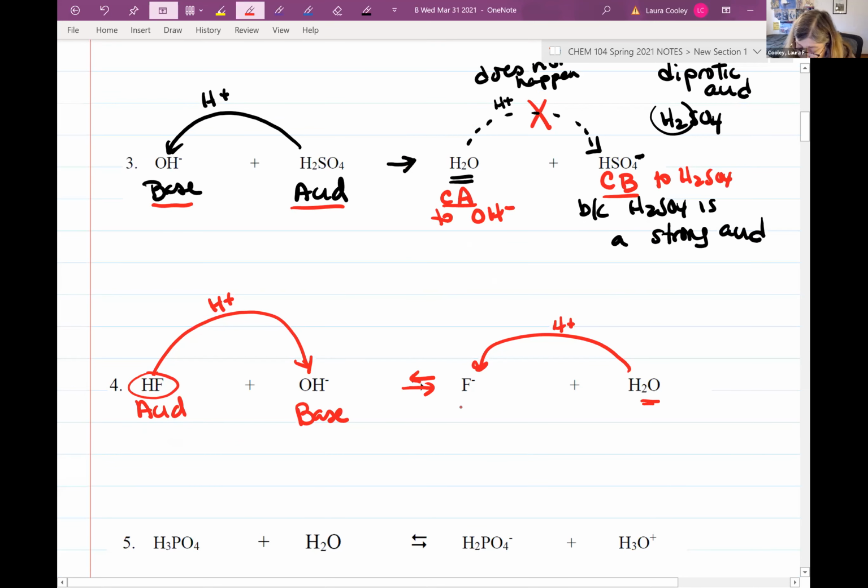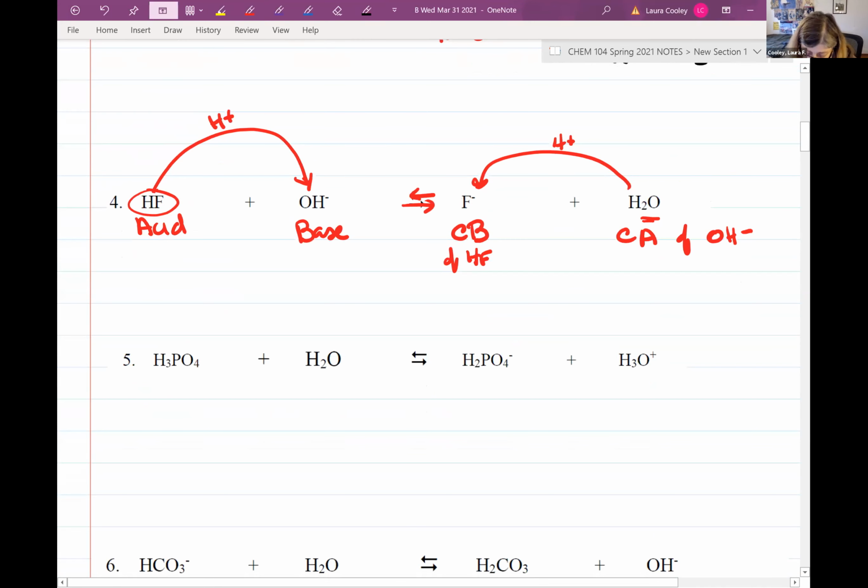That makes F minus a base. It is a conjugate base of HF. And water is acting here as an acid. It's the conjugate acid of OH minus. It differs by a proton. Okay.